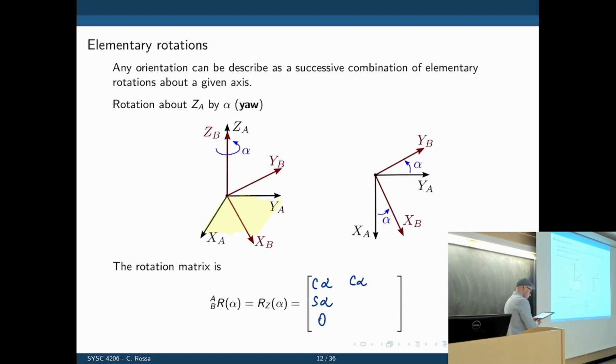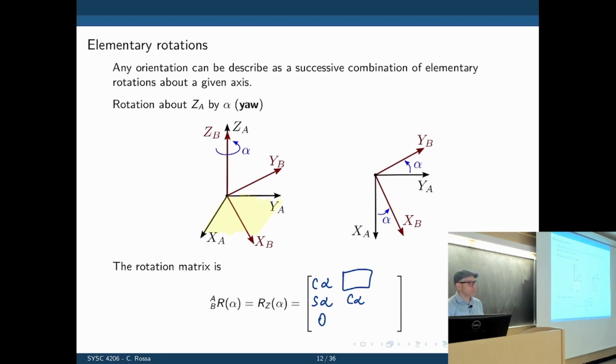That's the second line there. Second one is YB on XA. This one here is YB onto XA. Negative sine beta.